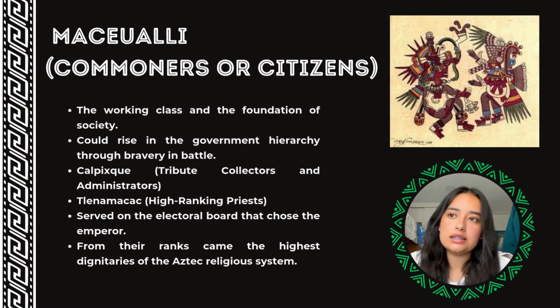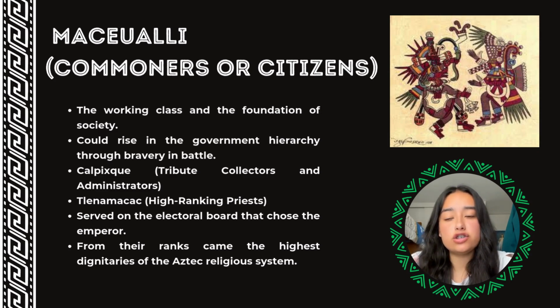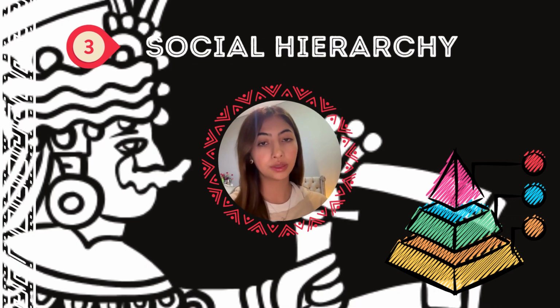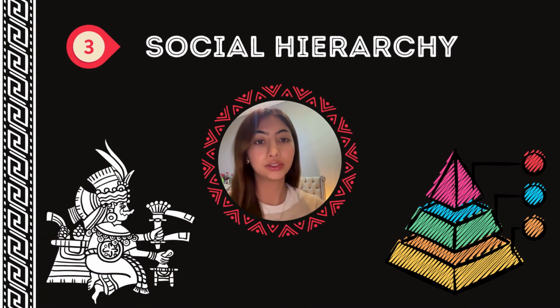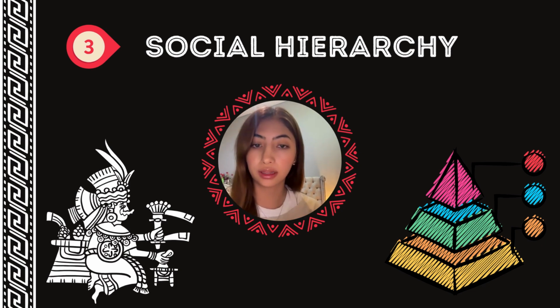And finally, the church and religious people, obviously, in this government scale: the Tlenamacac, a high-ranking priest, was chosen by the emperor to oversee this Aztec religious system. So now we are going to start with social hierarchy. In the next slide, I'm going to start with the noble class.